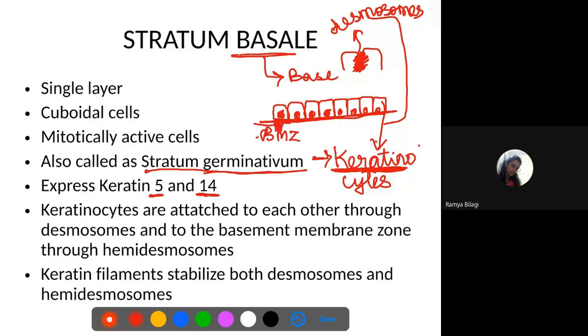So we have learned two new terminologies, desmosomes and hemidesmosomes. And these keratinocytes will have something called keratin filaments. So keratin filaments stabilize both desmosomes and hemidesmosomes.